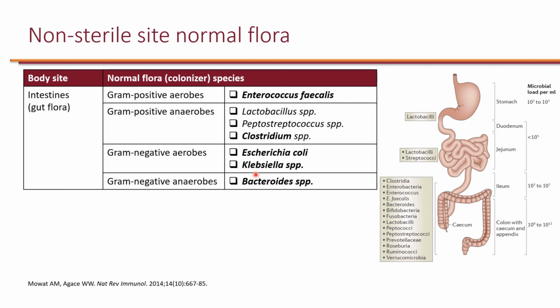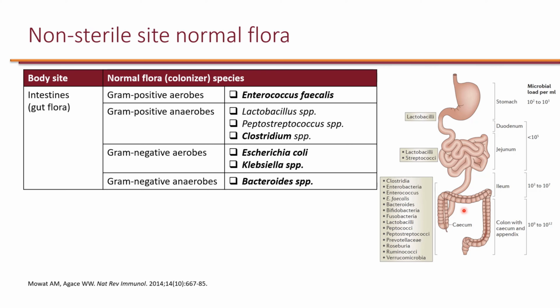You can see that these are mostly Enterococcus faecalis, which resides in the GI tract, and different species of Clostridium. A lot of these are anaerobes because this is an anaerobic environment for the most part, but some aerobes can survive here too. Enterococcus is definitely aerobic and can have a big role here, as well as members of Enterobacterales.